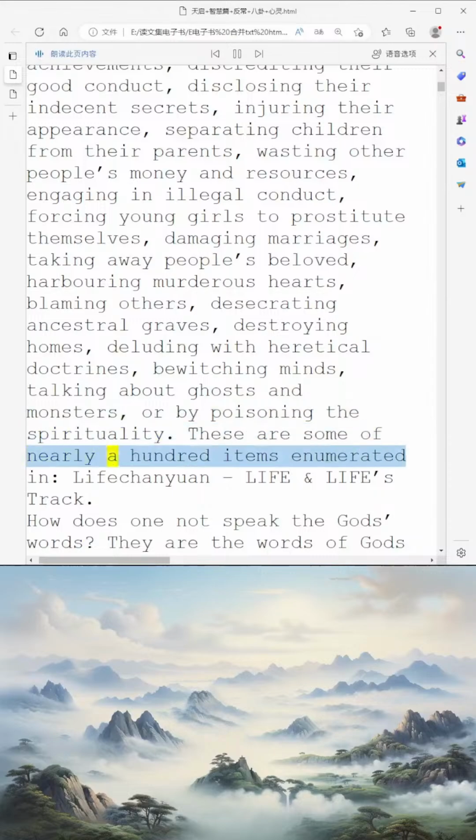These are some of nearly 100 items enumerated in Life Genuine, Life and Life.